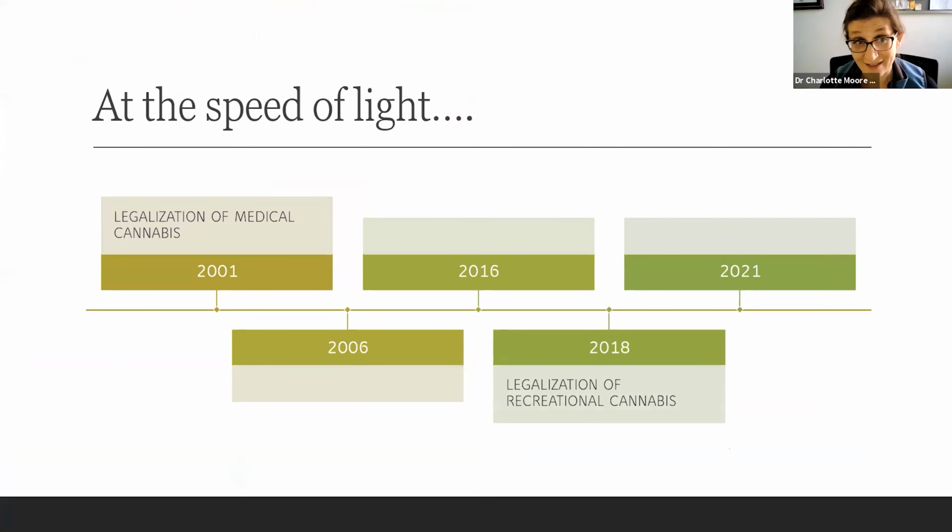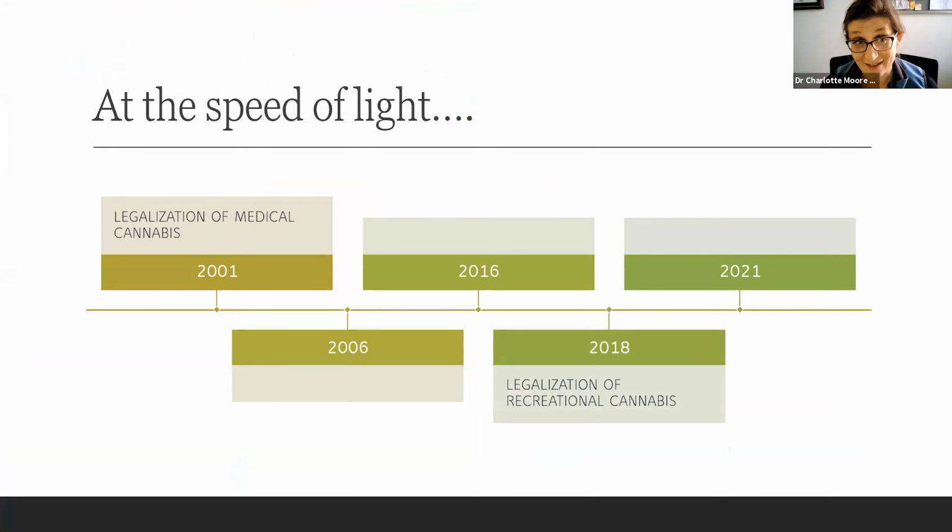There's only been one survey of Canadian pediatricians that has looked at how prevalent medical cannabis use is. It was done in 2017, which is the year before recreational cannabis was legalized. Back in 2017, of 835 pediatricians, that's about between a half and a third of all pediatricians in Canada, 50% of them responded that they had at least one patient taking medical cannabis.